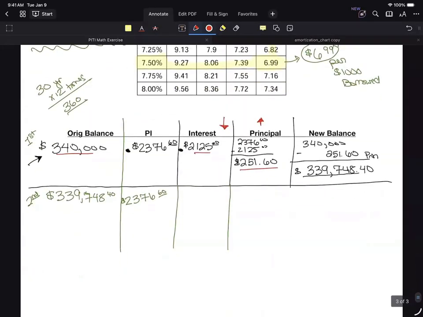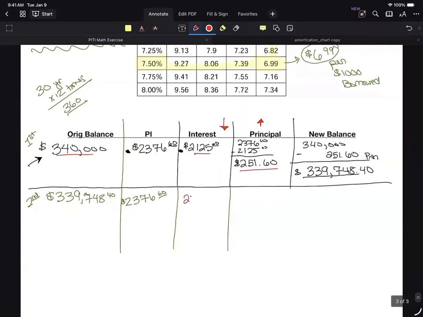All right. So now we've got this 2123.43. That's how much is interest. We know our P&I payment is the same. So how are we going to find out how much principal we are reducing off of that 339,748?